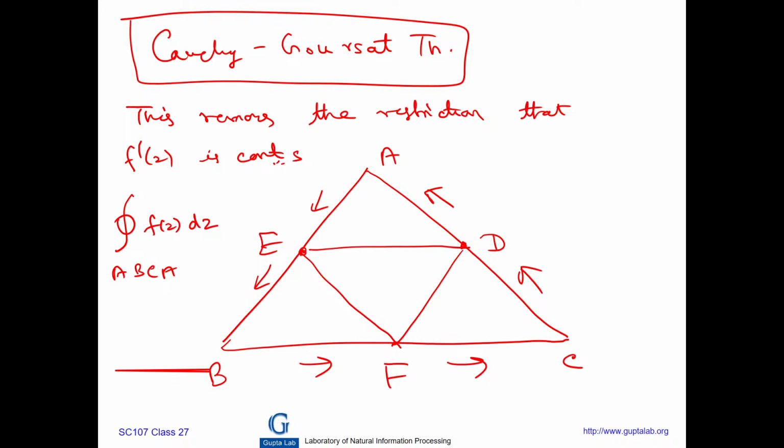So I want to show that integration along C, f of z, dz is 0, and the condition is that f of z is analytic, that is given to us. Now I will show you that this whole integral along the whole bigger triangle can be written as the integral along the sum of values at these smaller triangles. Okay, first I will establish that.